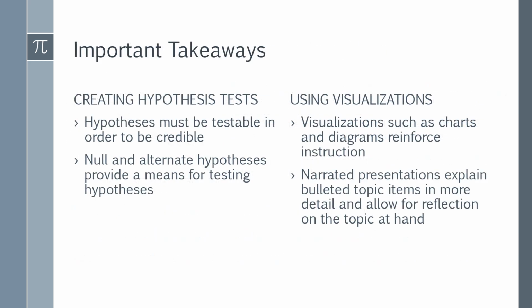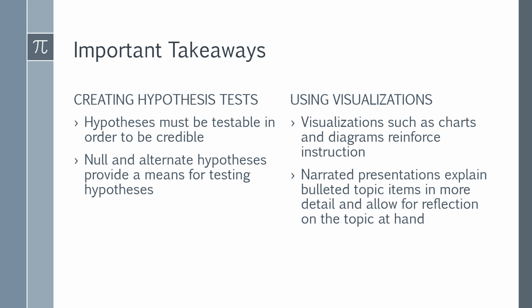Okay, so let's discuss some important takeaways from this presentation. Talk about creating hypothesis tests. Like we said, hypotheses must be testable in order for them to be credible. If you can't test your hypothesis, then there's really no way to say definitively that we accept that test, or that our hypothesis has any valuable information.